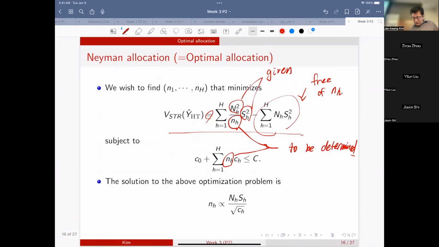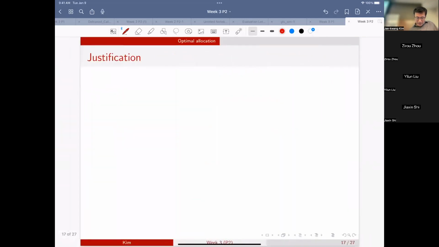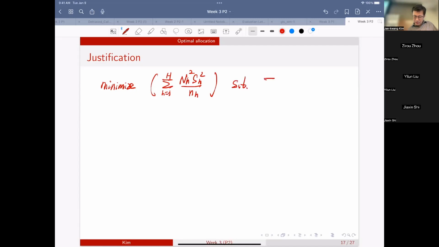So how to solve this kind of problem? Well, minimize, subject to the constant.